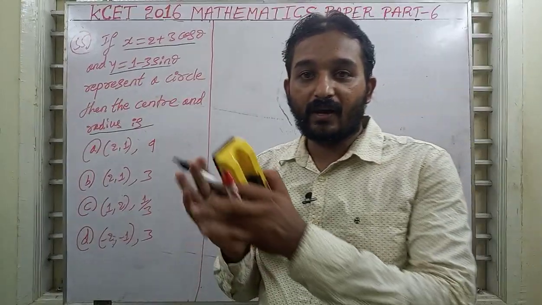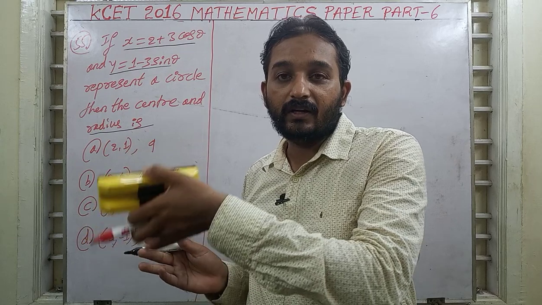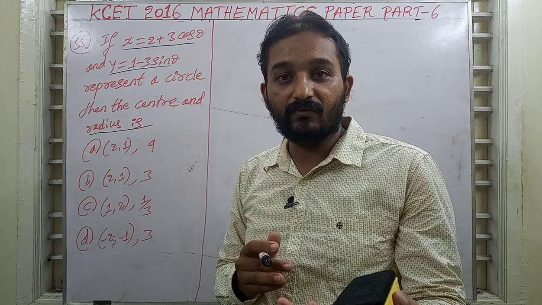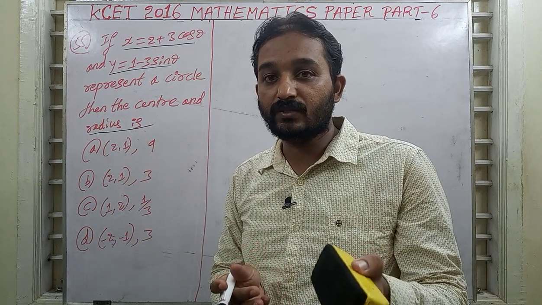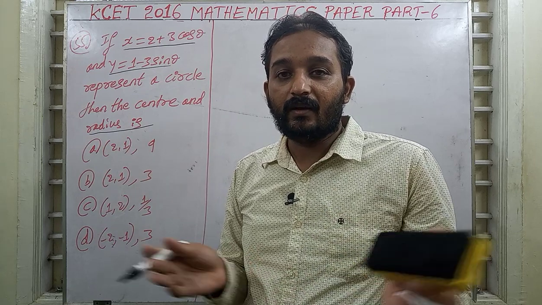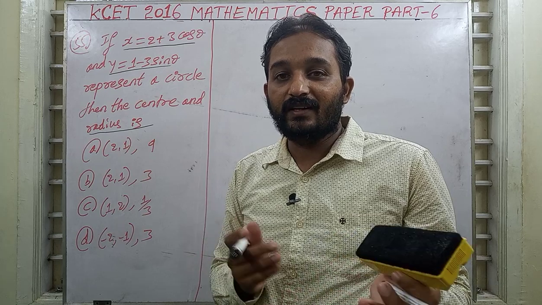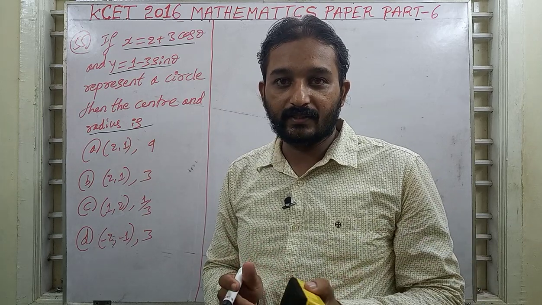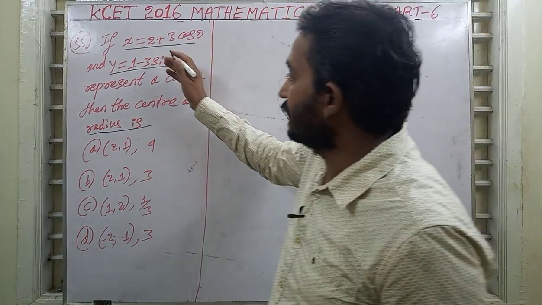So using this parametric equation of the circle, we convert it into the general form, x minus h whole square plus y minus k whole square is equal to r square, and then compare the equations to get the center and radius. Now let us take x and y.